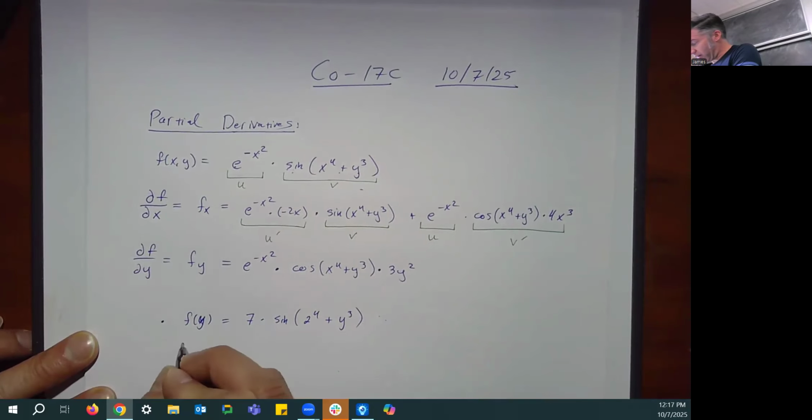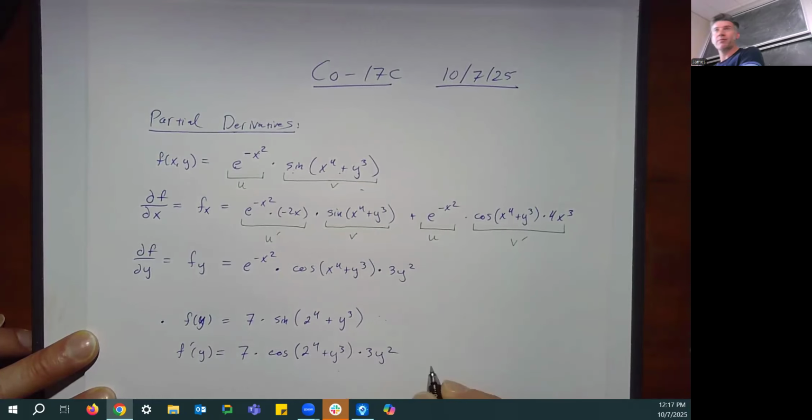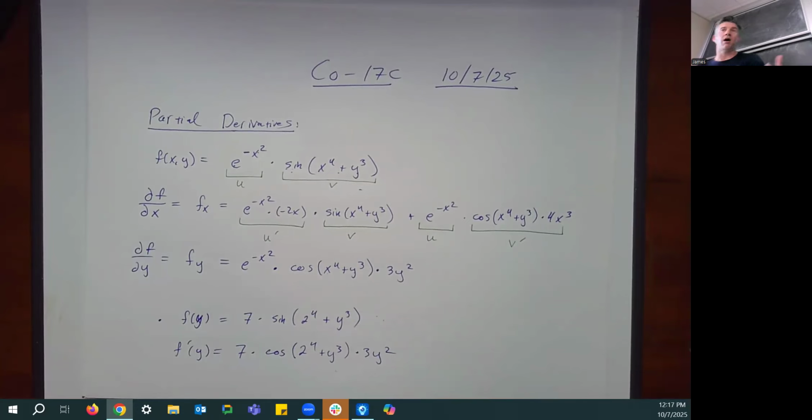Your derivative f prime of y would be 7 times cosine of the inside stuff left alone, and then you multiply by the derivative, and the derivative of 2 to the fourth is 0, and the derivative of y cubed is 3y squared. So as I've said a few times, constant multiples hang out, and constants on their own end up having a derivative that's 0.